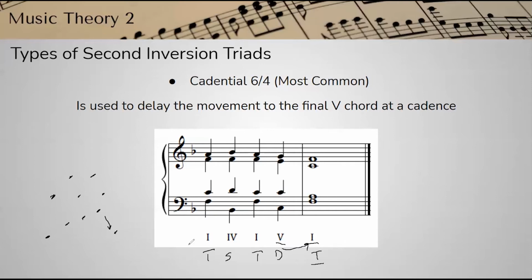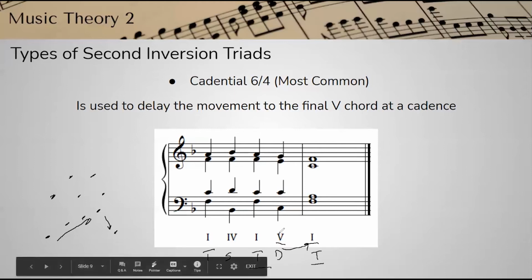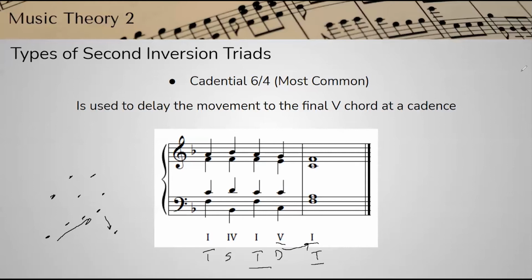So we don't want this back and forth motion. Instead, we want a movement that's more clearly towards the dominant, right? But we can't do that with a 1 chord because that's a tonic sound. So how can we change this? Well, the way we can do this is by using a cadential 6/4 chord, right?